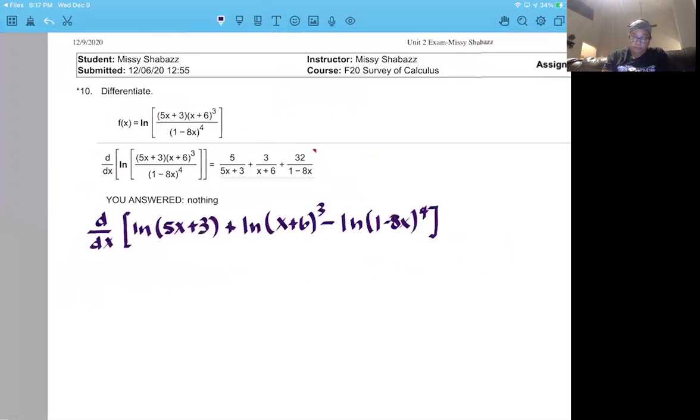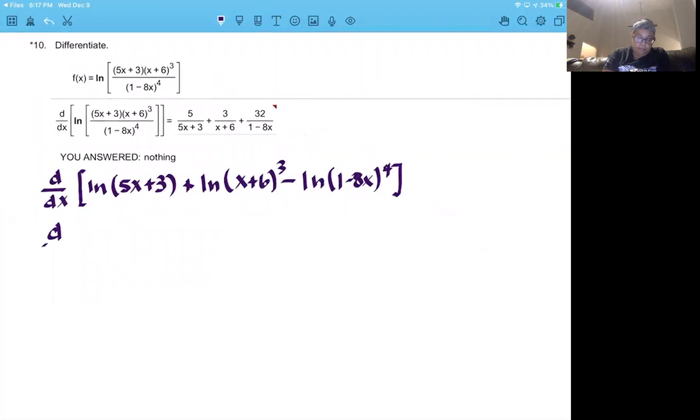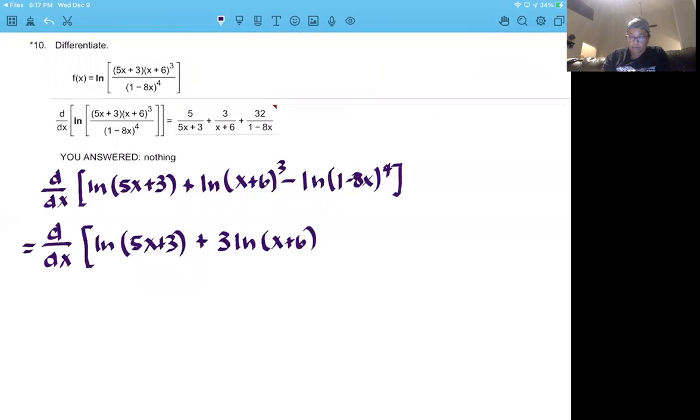Now, let's bring the exponents down in front. So 4 natural log of 1 minus 8x.